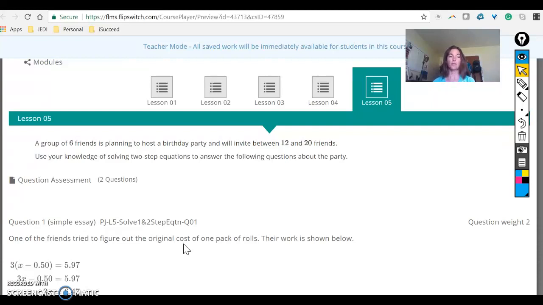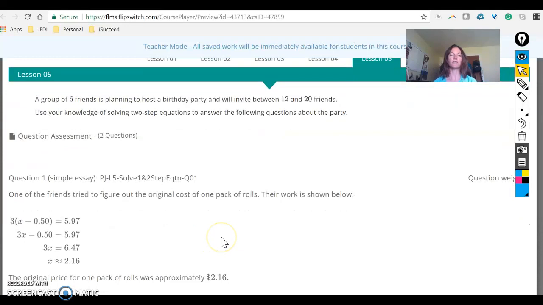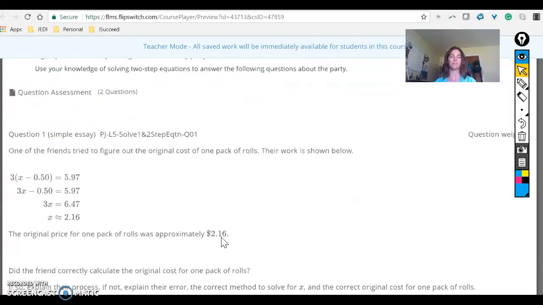So the first question is that one of the friends tried to figure out the original cost of 1 pack of rolls. And here's their work. And the question that we're being asked is, did the friend correctly do this? So let's go ahead and take a look at this and see what we think about how the friend did this.